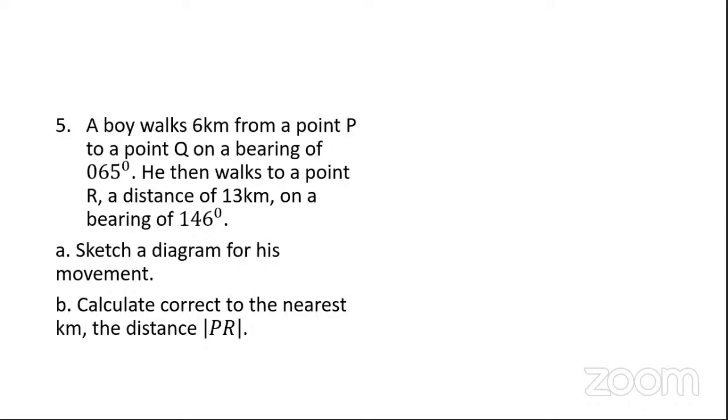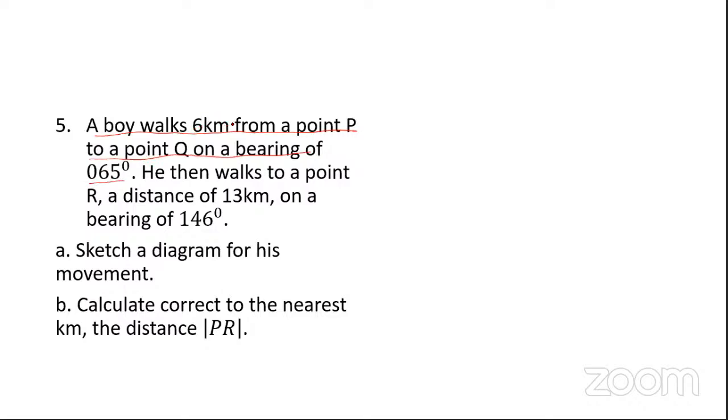So to solve this question, you have to take it statement by statement. Don't be intimidated by the bulky question. So just come, a boy walks 6 kilometers from a point P to a point Q on a bearing of 065 degrees. That's the first statement.